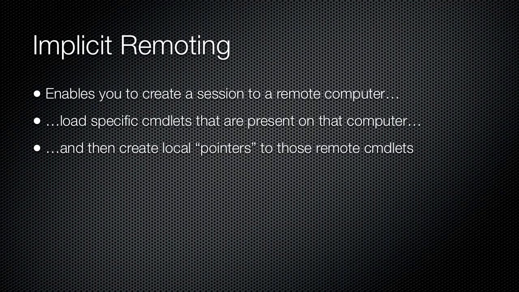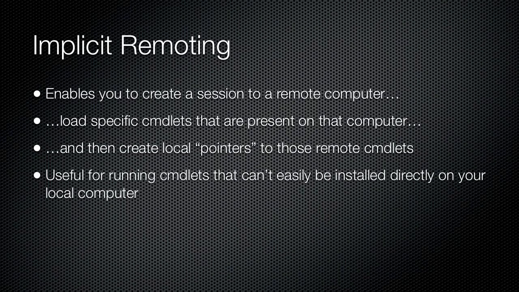Specify that only commands whose nouns start with AD be exported, thus ensuring that only the Active Directory commandlets are included in the export. Close the session to the domain controller. This process creates a local module on the Windows XP computer, but it does not install the Active Directory module on the Windows XP computer. That module can't run on Windows XP.